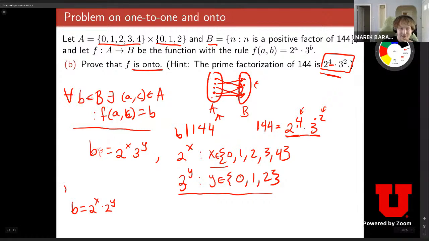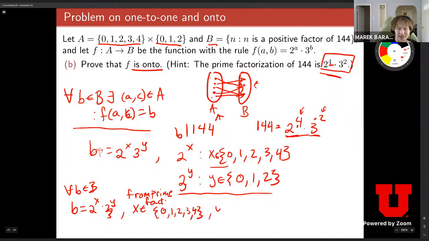For every element b in B. And we know from prime factorization that x is in 0, 1, 2, 3, or 4, and y is in 0, 1, or 2. So these are both by prime factorization.